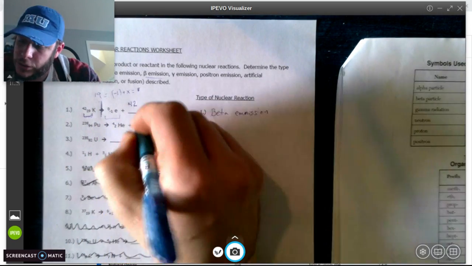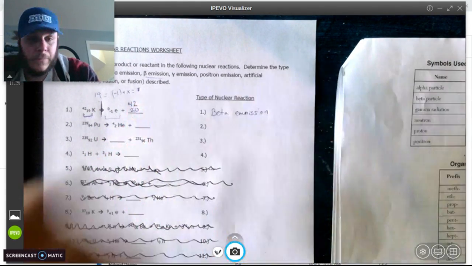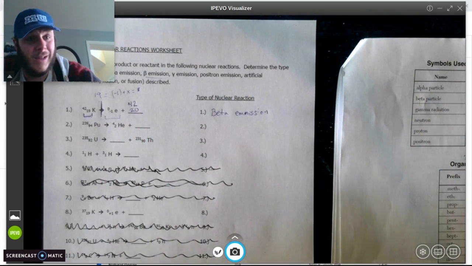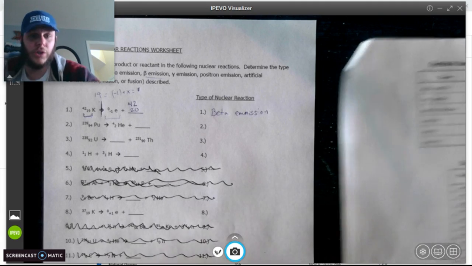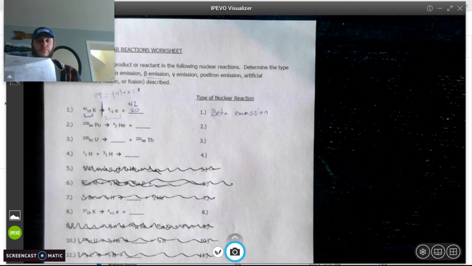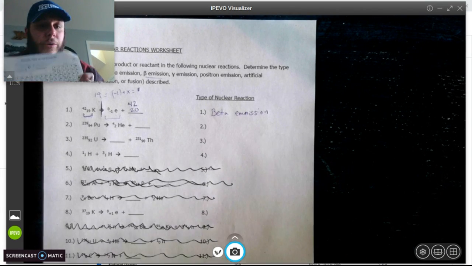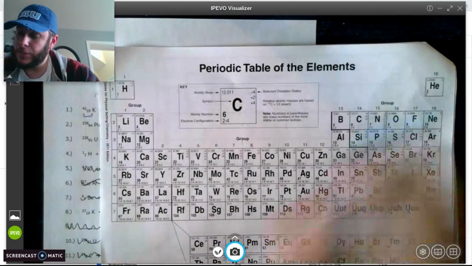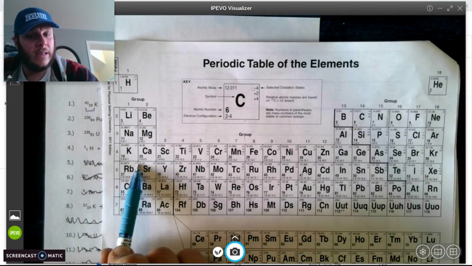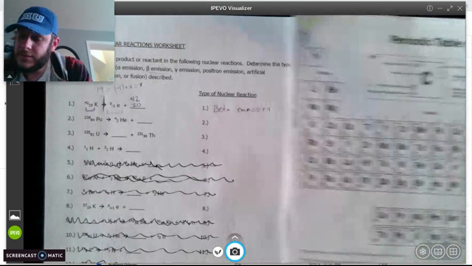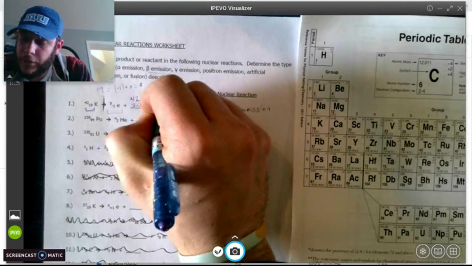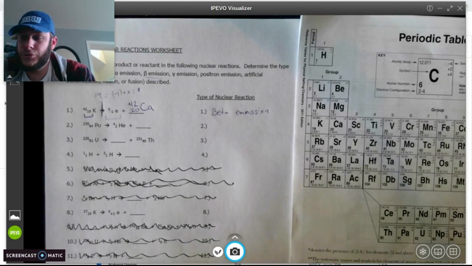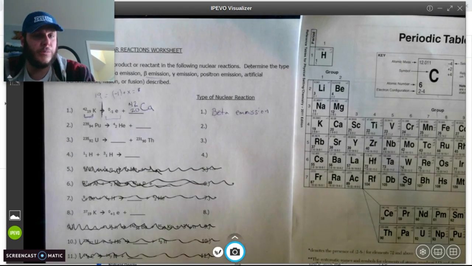And the answer is 20. Now I know the proton count and the mass number of this new element. So what do you do? You find your reference table, you find the atomic number 20, which is calcium, Ca, and now you have completed your first official nuclear transmutation equation.